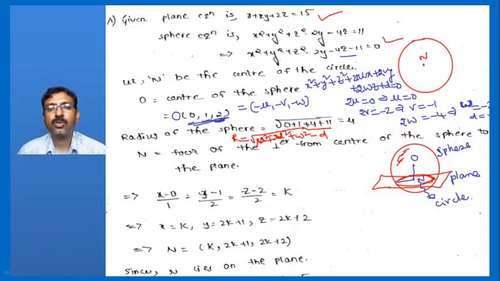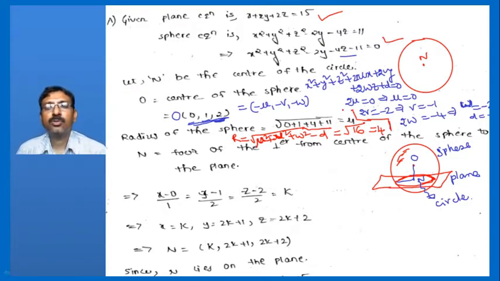So under root 1 plus 4 is 5, plus 11, 16, under root 16, that is 4. So radius is equal to 4, radius of the sphere.